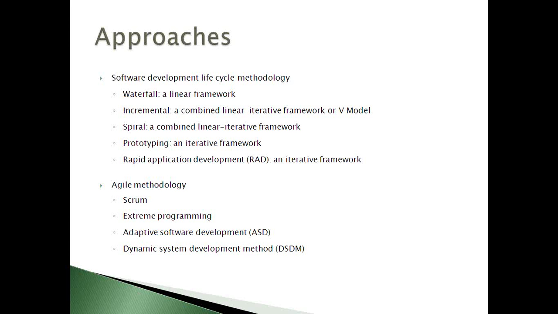All these software methodologies we are going to call the traditional approaches. So what is the difference between the linear and the iterative framework? Linear means the process happens in the form of sequential steps. After completing the analysis part, only then are we supposed to enter the design phase.